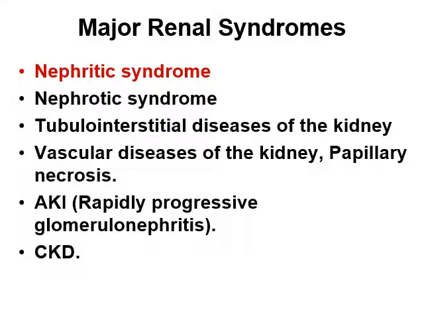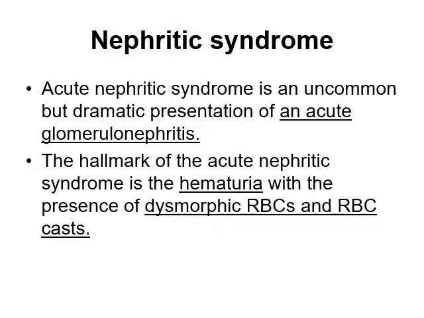So just defining. Nephritic syndrome, when we have nephritic syndrome, we have 2H. I would like to remind you of these 2H. The first H is the hematuria, and the second H is hypertension. So when you see nephritic syndrome, remember these 2H, hematuria and hypertension.